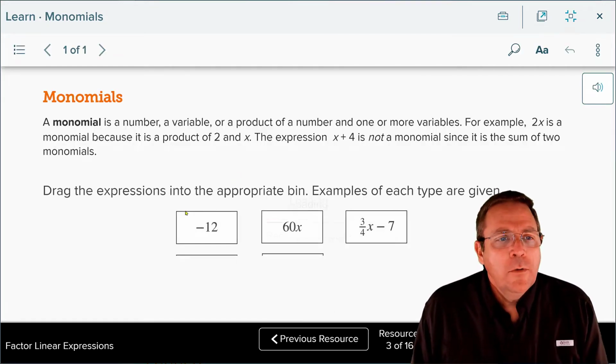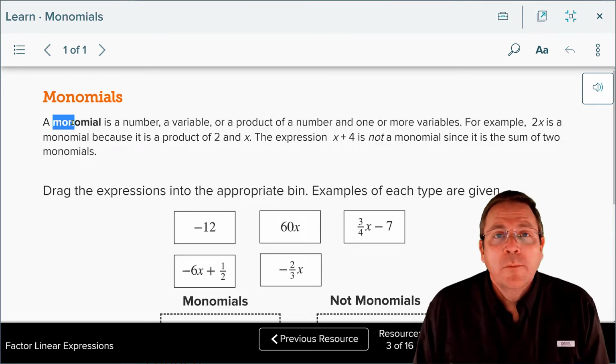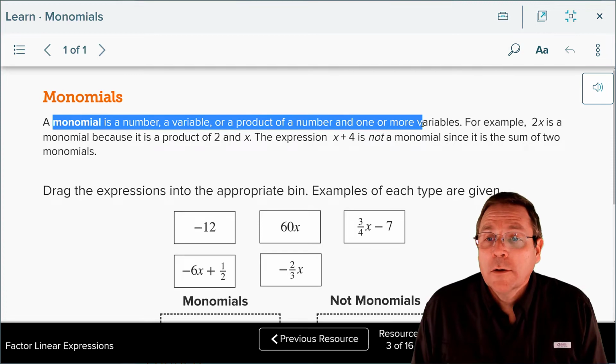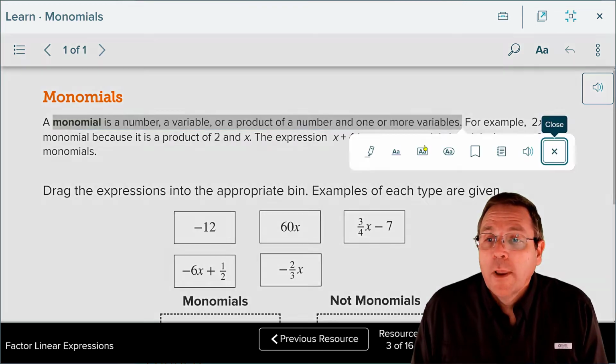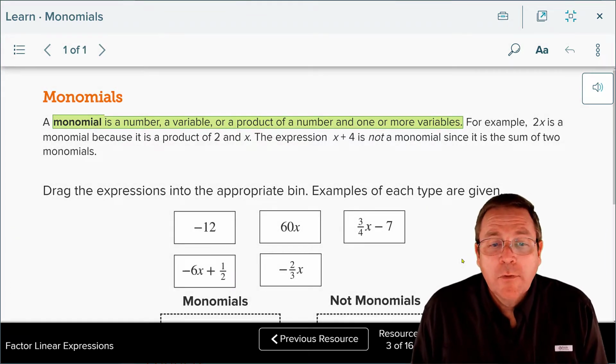Now, monomial is the first vocab we have for this lesson, and it says it is a number, a variable, or the product of a number and one or more variables. My students have a terrible time with this, but it's really simple.